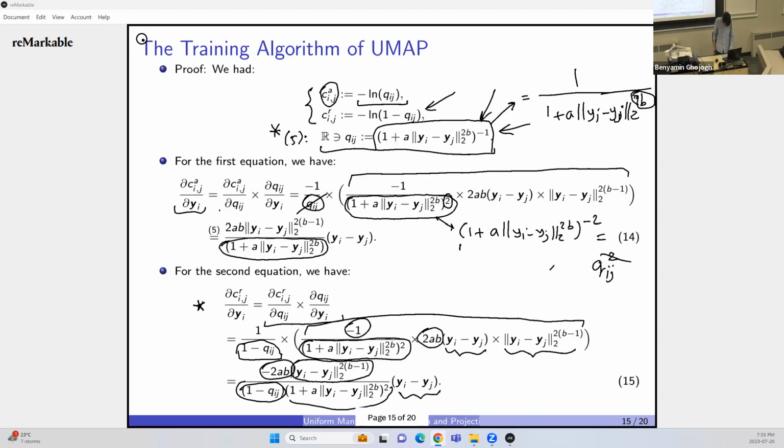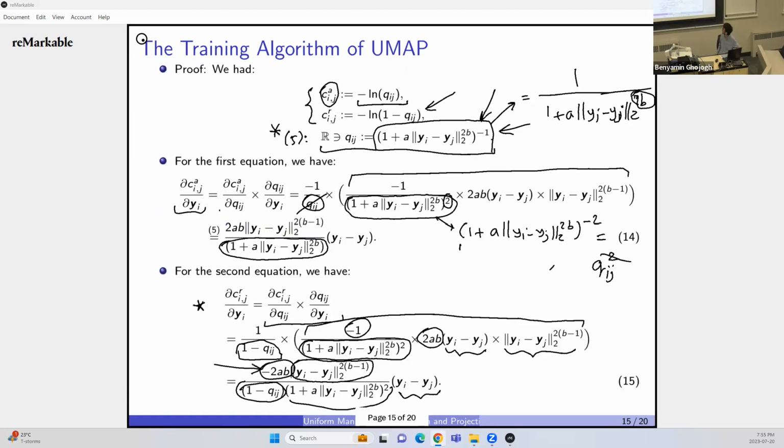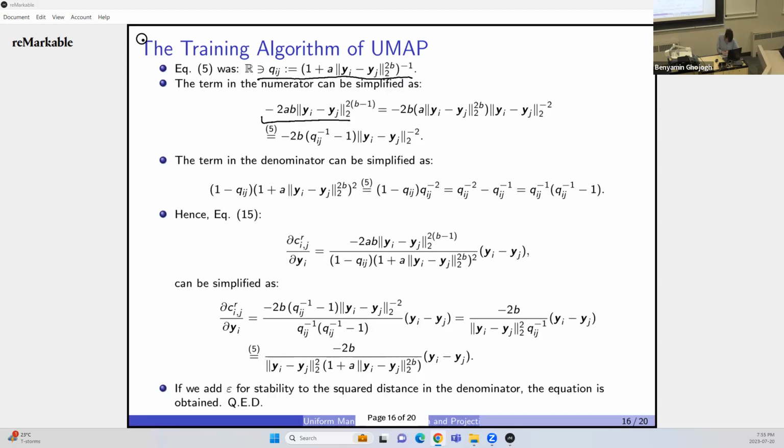No, no. There are still some other steps left. Sorry. This was equation 5, right? The term in the numerator can be simplified further. So this is the term that we had, minus 2ab, L2 norm of yi minus yj to the power of 2 times b minus 1. So how can we simplify that? Because I have the power of 2b minus 2, right? So 2b is here, minus 2 is here.